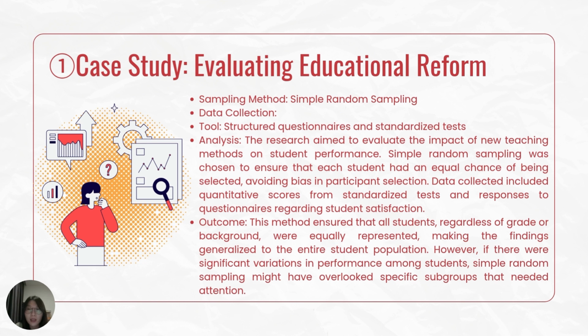This method ensured that all students, regardless of grades or background, were equally represented, making the findings generalizable to the entire student population. However, if there were significant variations in performance among students, simple random sampling might have overlooked specific subgroups that needed attention.